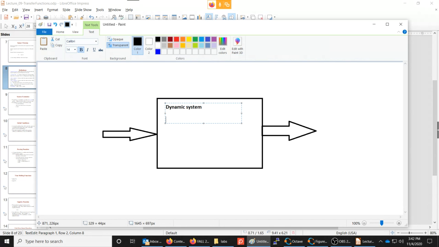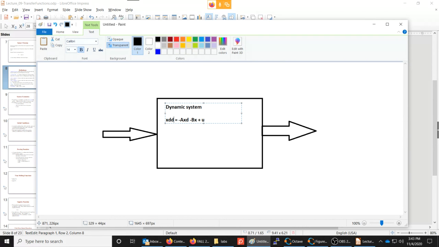Okay, and so we could write this as we did there as x double dot is equal to minus some value, I'll just call it a, times x dot, minus some value b times x, plus a forcing function, which I'll just call u.